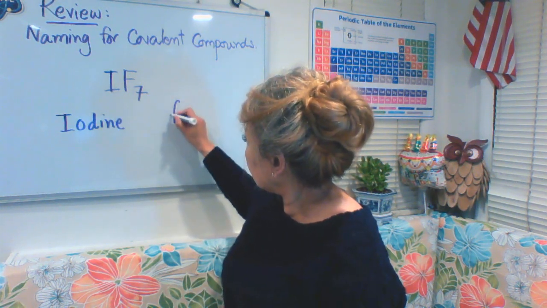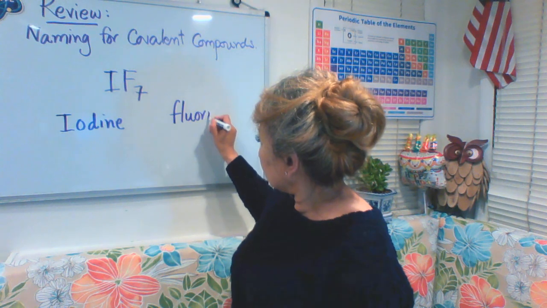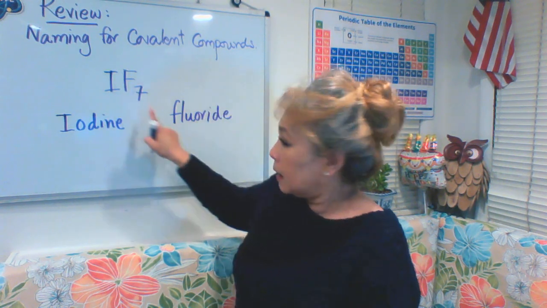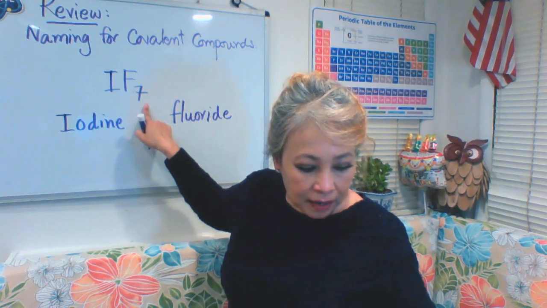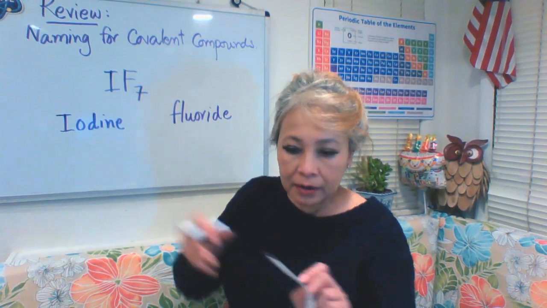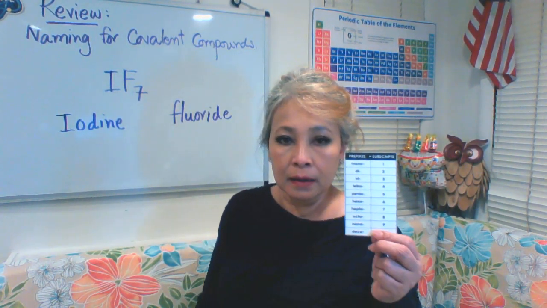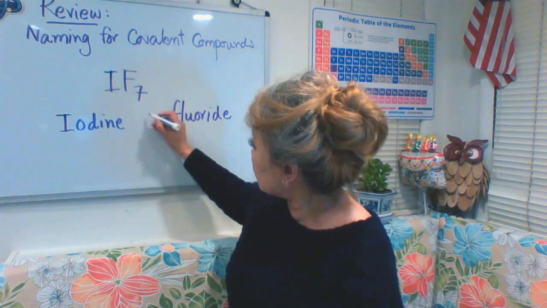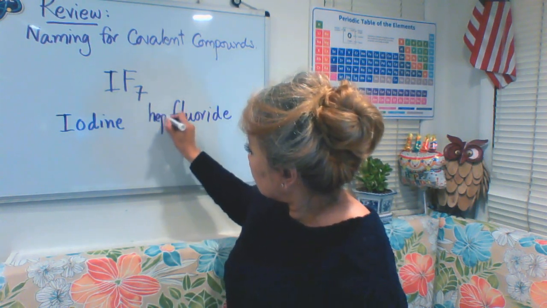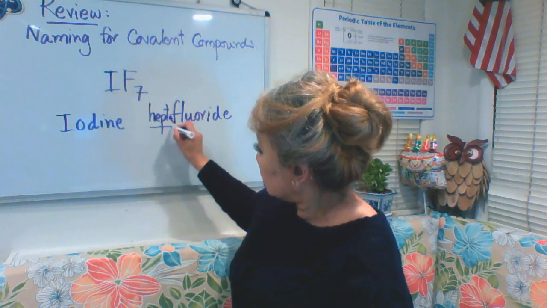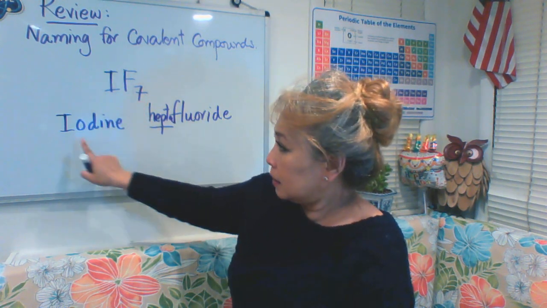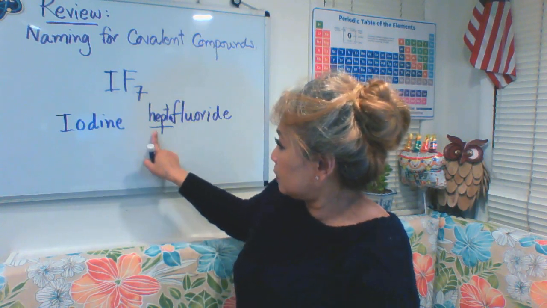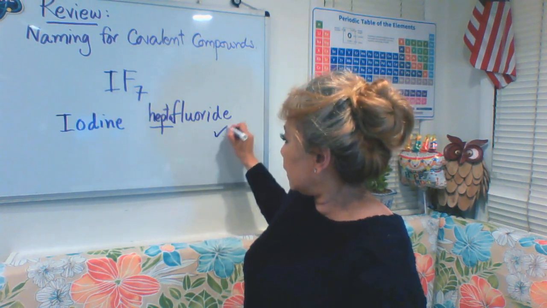Write it down. How many atoms? 7. What is the prefix for 7? Hepta. Write down. The name of IF7 is iodine heptafluoride.